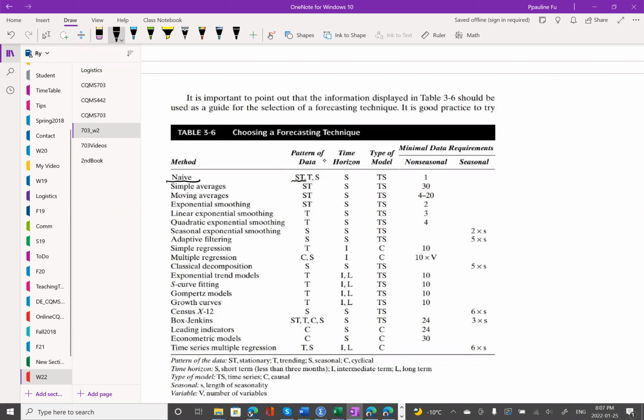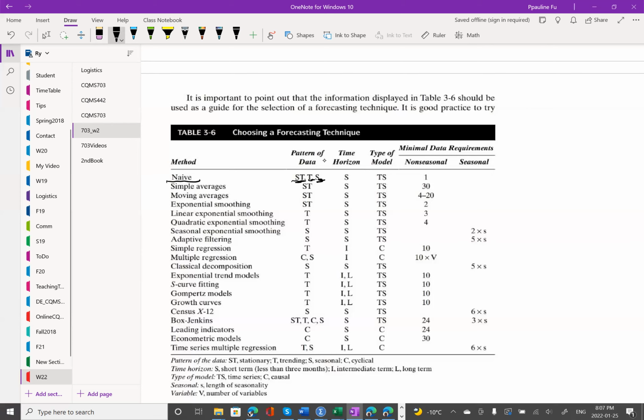So naive model, stationary data. It can also apply to data with the trend or seasonal data. So we haven't dealt with the naive model yet. This is just a concept.